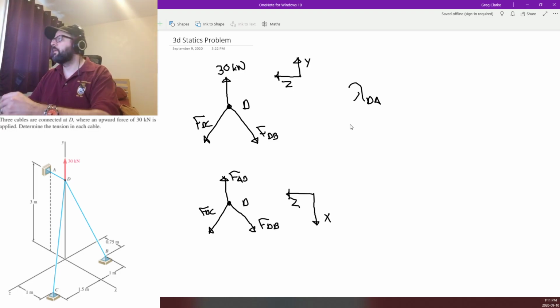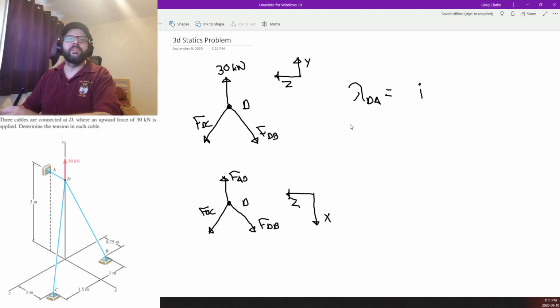So we're only going to have an I term there, and because the displacement from A to D is along the x-axis but away from the origin, that's going to be a negative I. And then our J and K terms are 0.